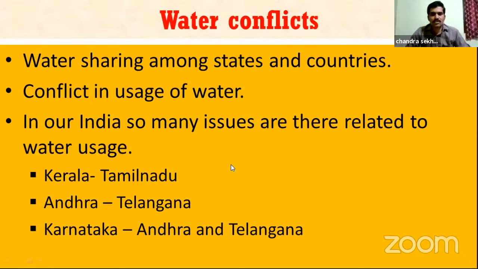In our India, so many issues are there related to water usage, particularly in South India. There is an issue between Kerala and Tamil Nadu. There is an issue between Andhra and Telangana in usage of Krishna river water and Godavari river water, and between Karnataka, Andhra and Telangana in Tungabhadra water usage. Like that, so many issues are there in India.